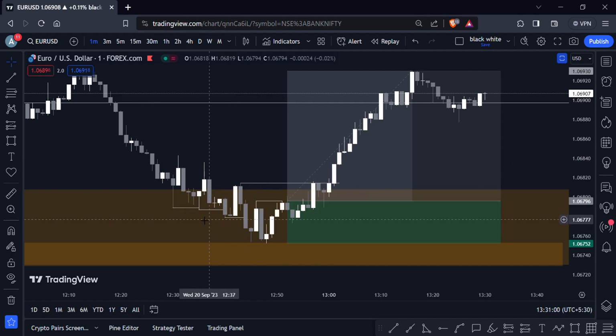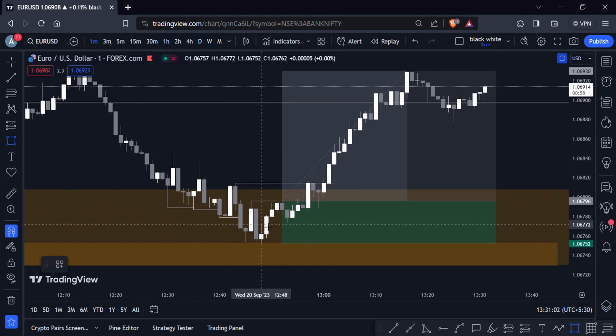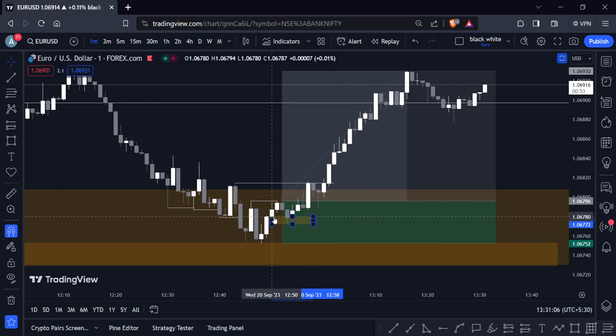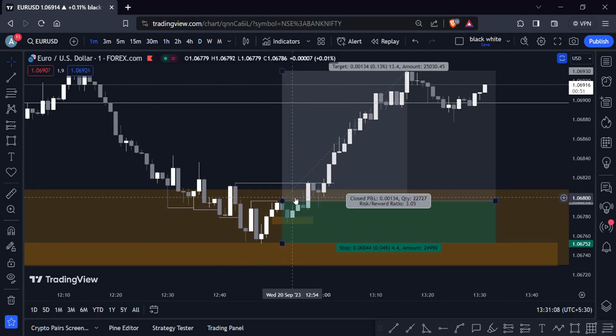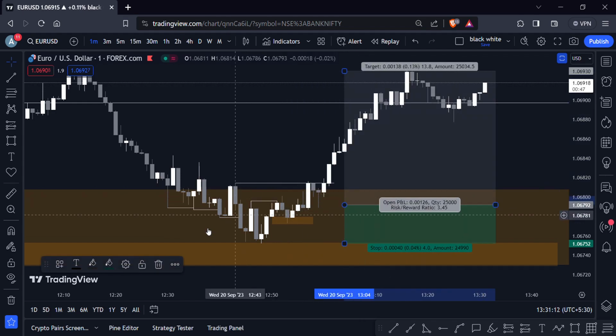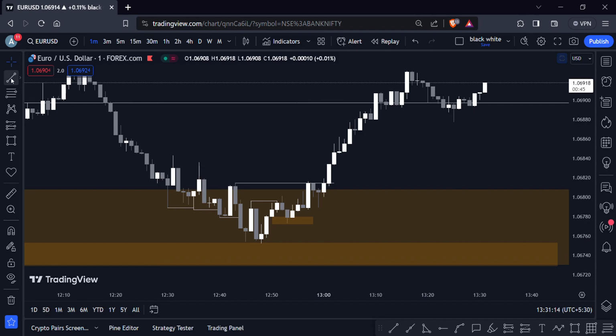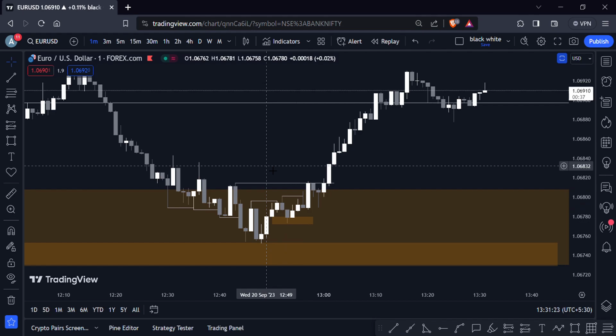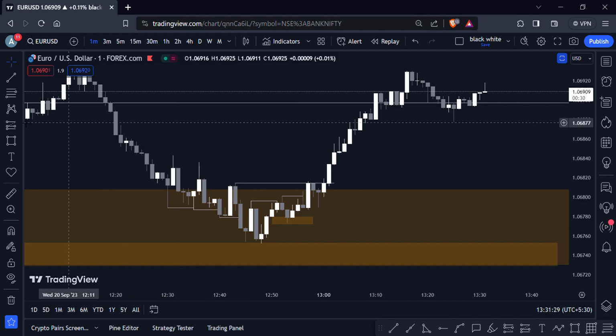So there was a first level when the market actually mitigated and broke the high of this. Broke the high of this zone with a wick. So it was more like a confirmation to me to enter this trade, that there is already a flip in the market, and now I'm going to enter the trade.